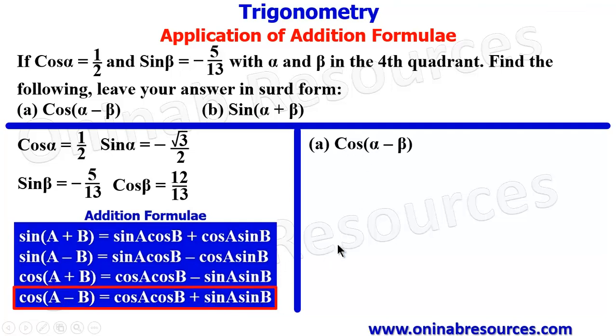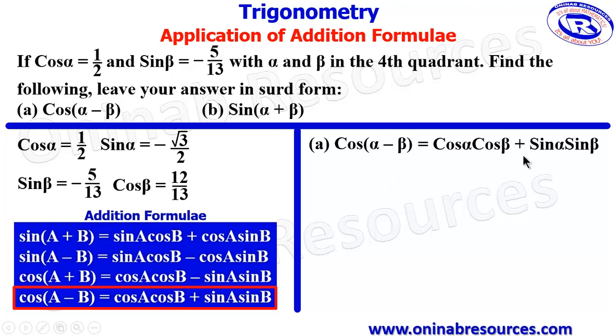We can rewrite it to accommodate alpha and beta. So it is equal to cos alpha cos beta plus sine alpha sine beta. So A is representing alpha and B is representing beta. We then substitute into this formula. Cos alpha is 1 over 2. So I have 1 over 2 times cos beta.